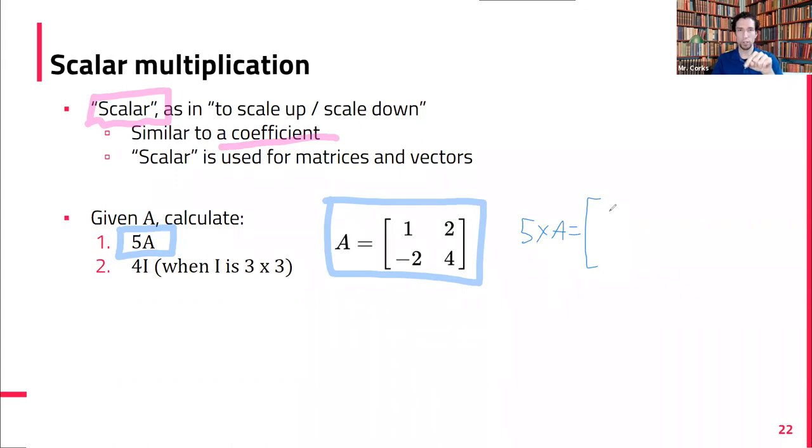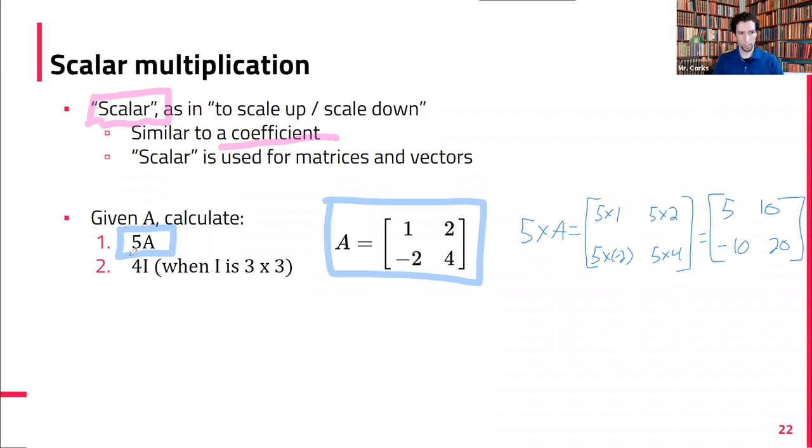Okay, so just each position multiplied by 5. So 5 times 1, 5 times 2, 5 times -2, 5 times 4. And that turns into 5, 10, -10, and 20. That's it. Scalar multiplication, also not hard, not surprising. Just multiply each value by whatever position.